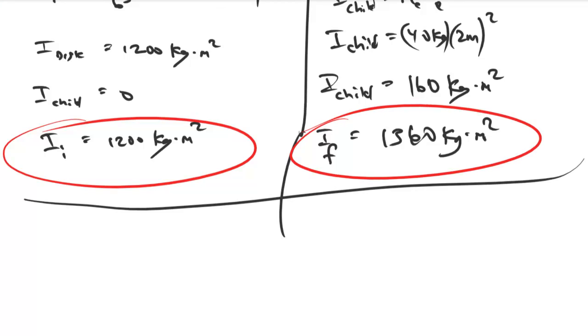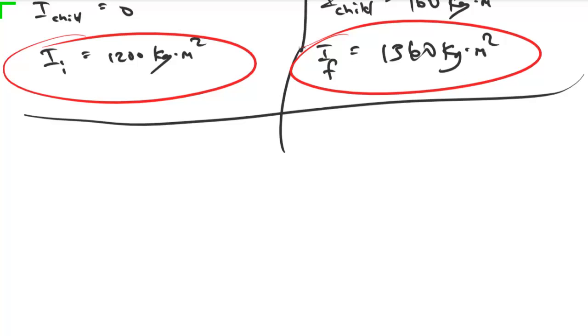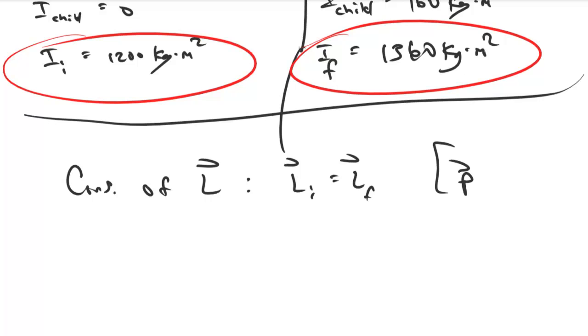And from here, we can just say, all right, we use conservation of angular momentum. This says that the initial angular momentum is equal to the final angular momentum, right? Just like we looked at in linear momentum. Conservation of linear momentum was the initial linear momentum of the system, remember, the sum of all the individual momentums of all the parts, was equal to the final momentum of the whole system.